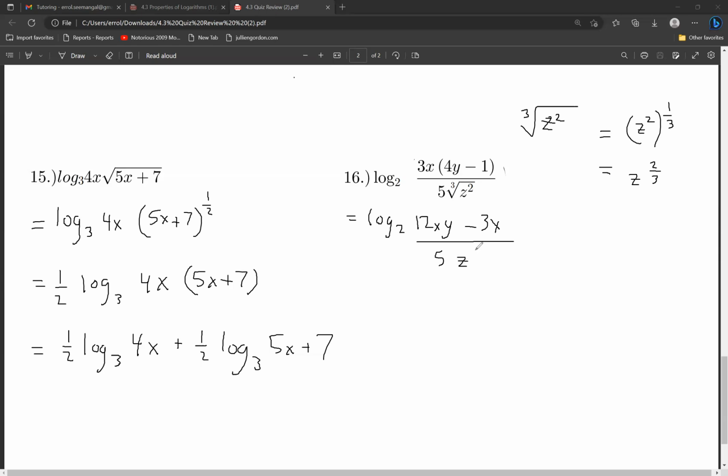So 5z to the 2/3. Now apply your log properties. This one is subtraction. Actually, maybe we should have simplified that first. Can we simplify that? No, we can't simplify that.